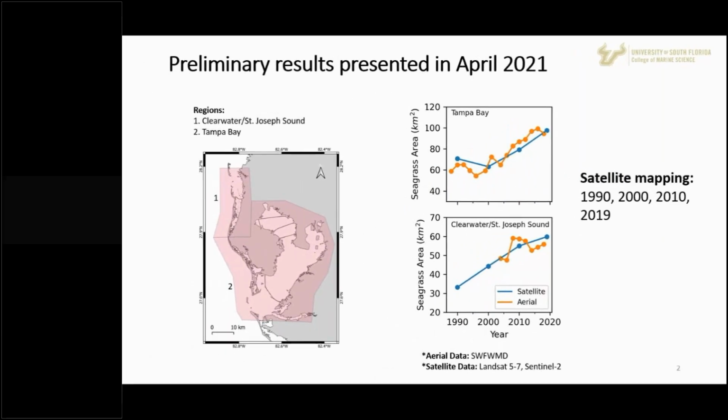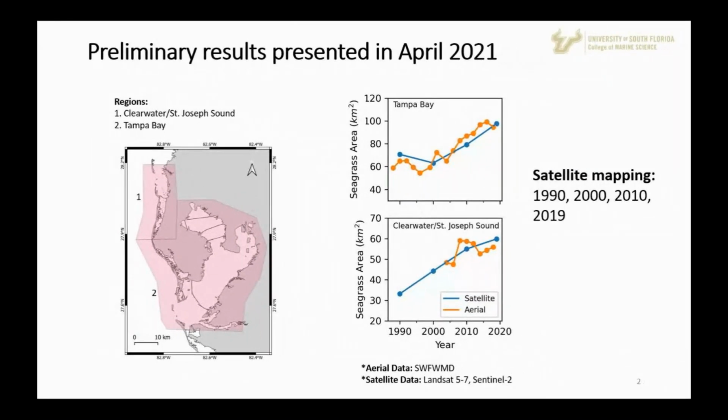I used Landsat and Sentinel satellites for only 4 years between the 1990 and 2019 period, and I compared that with aerial data from the Southwest Florida Water Management District.